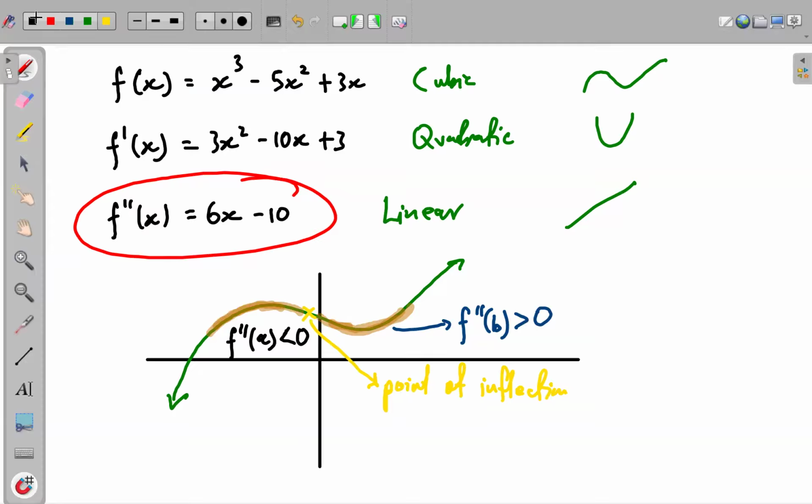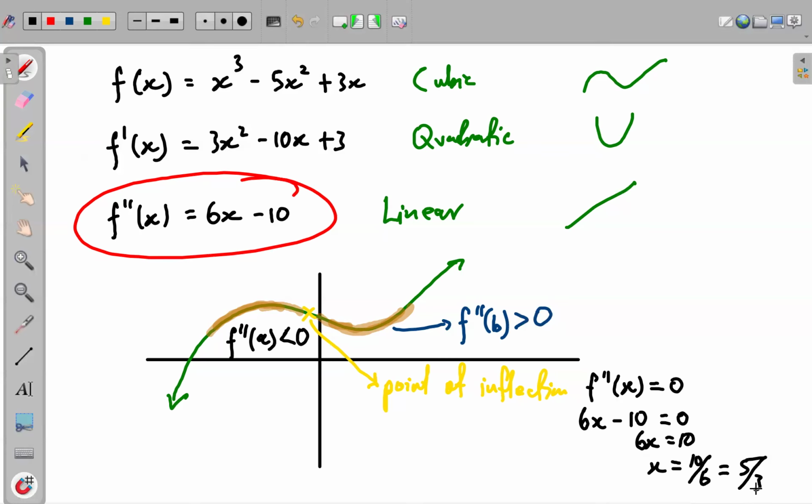Now, it is very easy to find the point of inflection. To find the point of inflection, you simply set the second derivative to 0. So in this case, if we go 6x minus 10 equals 0, then we'll have 6x equals 10, which means x is 10 over 6, which is 5 over 3.